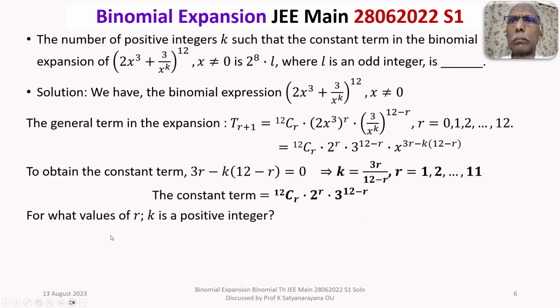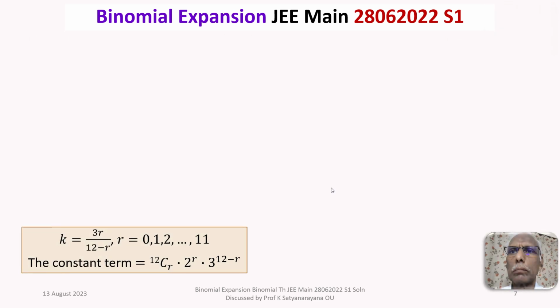For now, the question we are asking is: for what values of r is k a positive integer? That we will discuss in the next slide. So we have k, 3r by 12 minus r, for r equal to 0, 1, 2 up to 11.